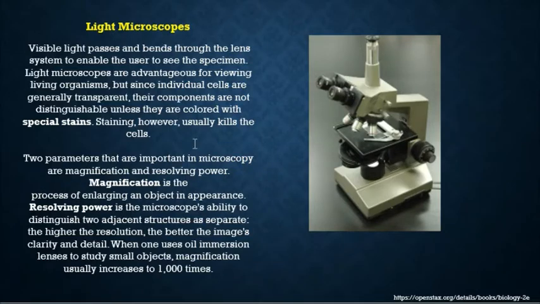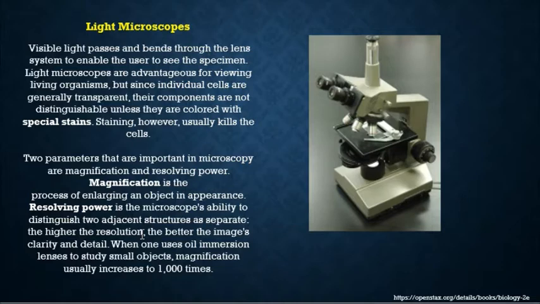Two parameters are important in microscopy. These are magnification and resolving power. Magnification is the process of enlarging an object, but resolving power is more important because how would you like to look at an image if it is very big but blurry? Even we prefer high resolution camera lenses in our mobiles, right?